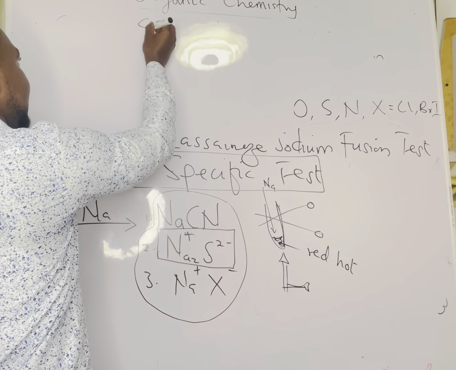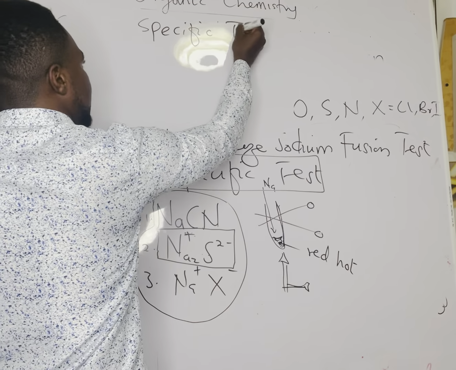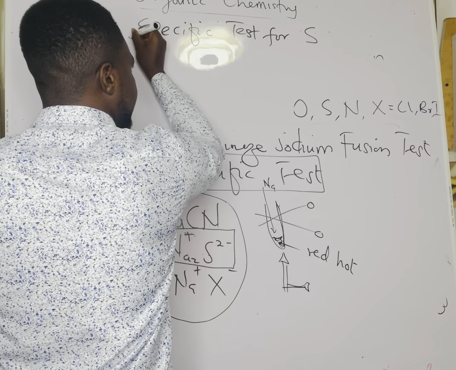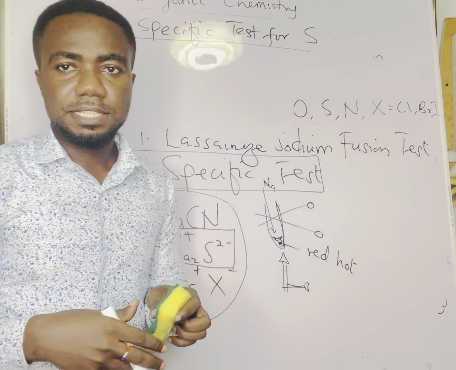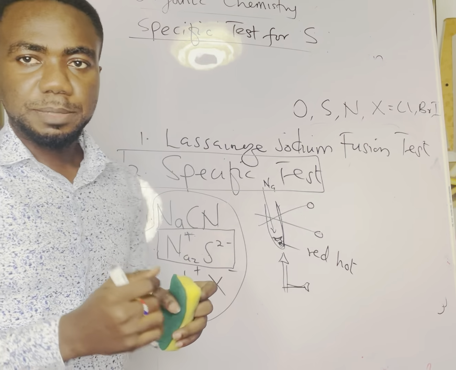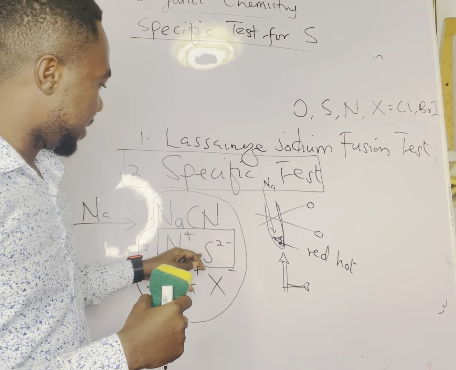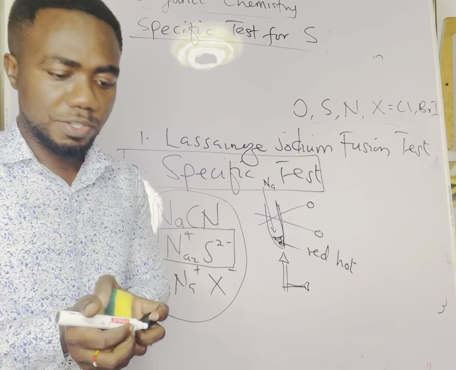So, the specific test for sulfur. Add nitric acid to a portion of your filtrate which contains your sodium and the sulfur, to determine sulfur present in your organic compound.